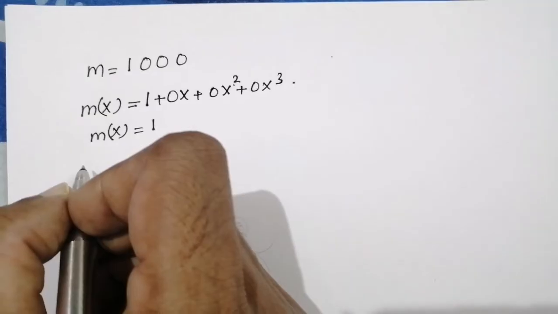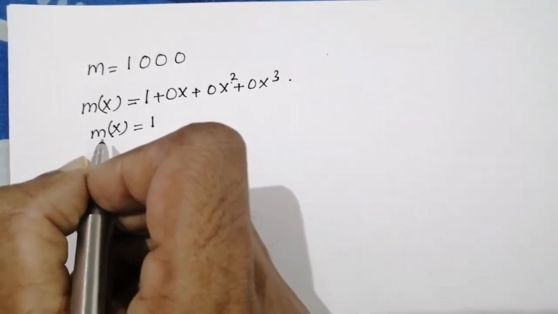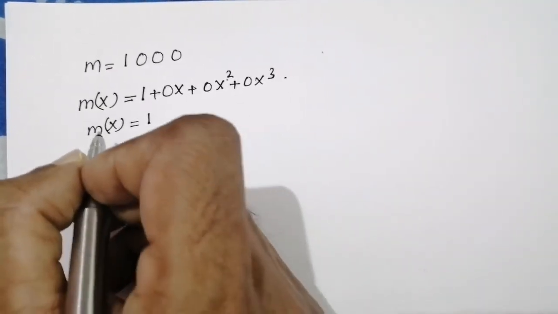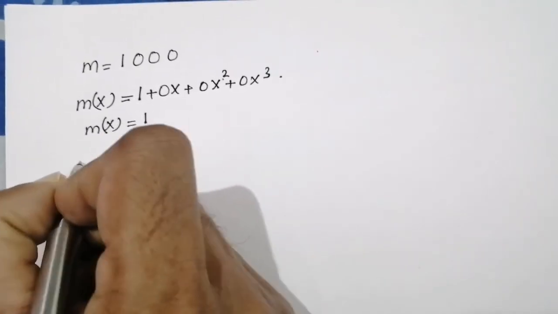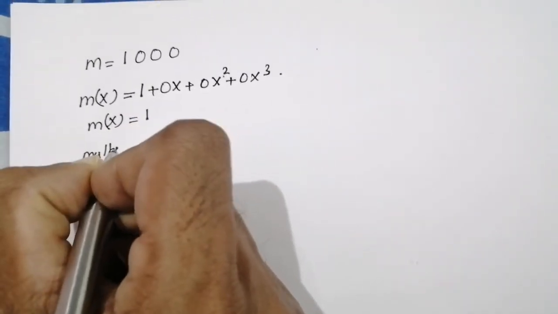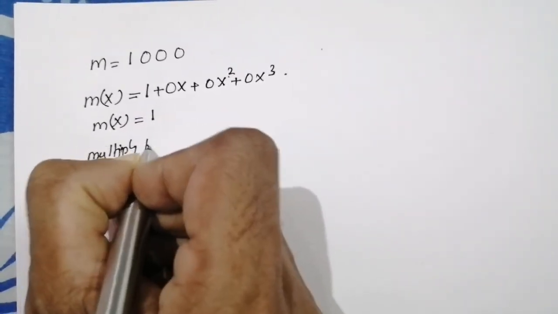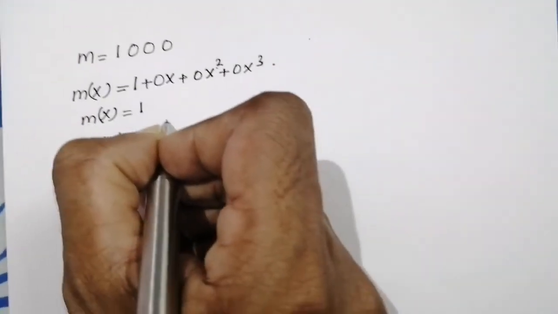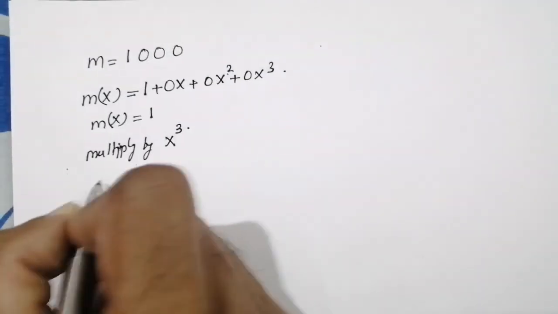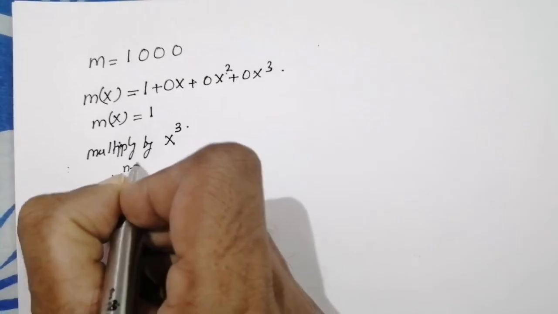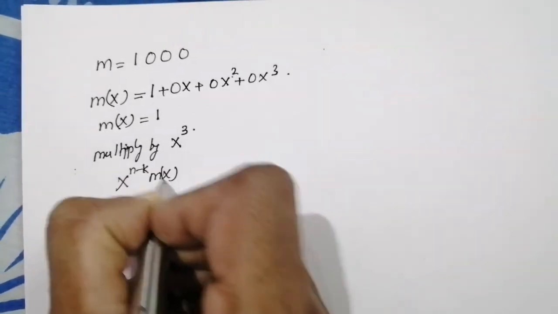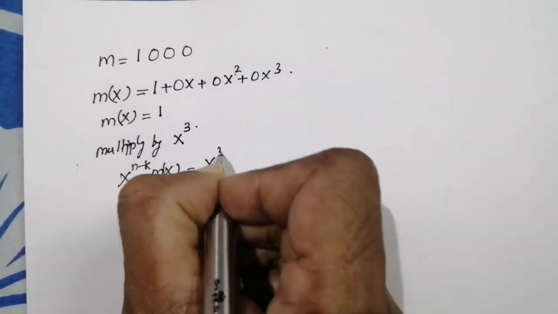Now, the next step is to multiply m of x by x raised to n minus k. x raised to n minus k is x cube. So x raised to n minus k m of x equals x cube into 1.